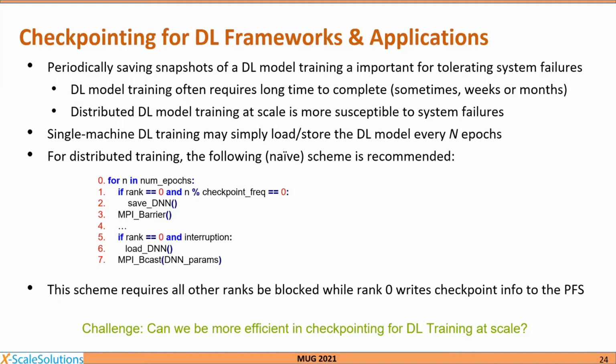So you potentially can do it every n epochs. We pick epochs because that's one of the things recommended by the PyTorch framework team. Distributed training is a similar thing.